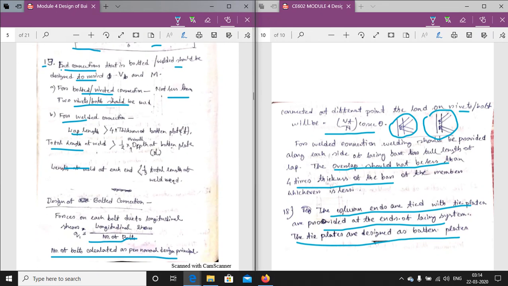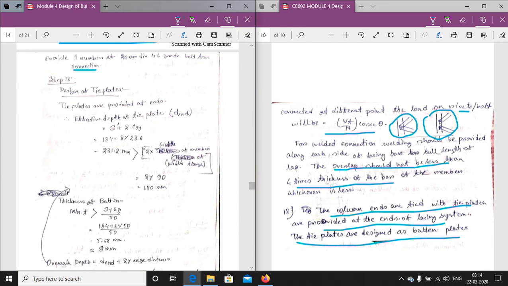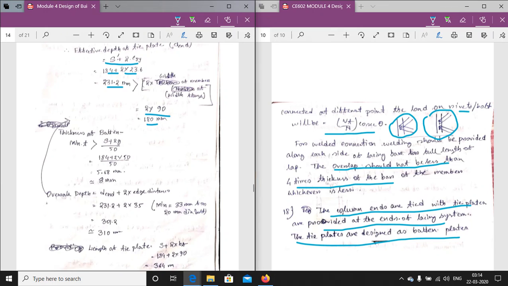So putting all the values here, the effective depth of the tie plate is S' plus 2 Cyy, 184 plus 2 into 23.6. It should be greater than 2 into the width of the member, so this is 2 into 90, 180 mm. Now, before this step, the overall depth can be calculated.